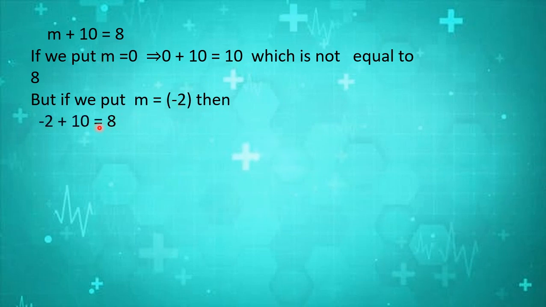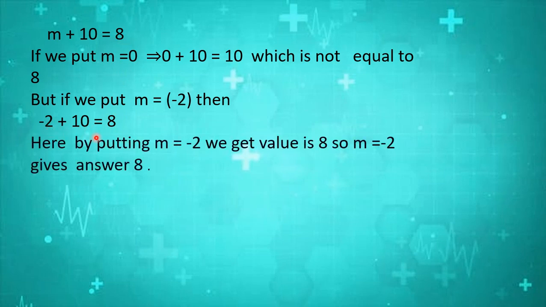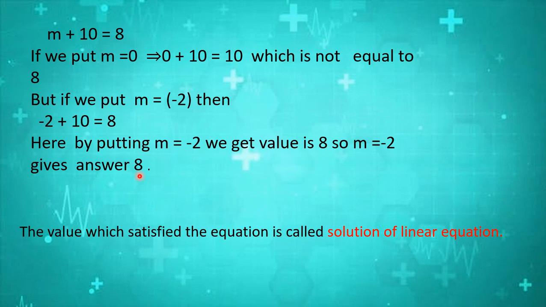Minus 2 plus 10 is equal to 8, and we get the value 8, which is on the right hand side. So by putting m equal to minus 2 we get the value 8.